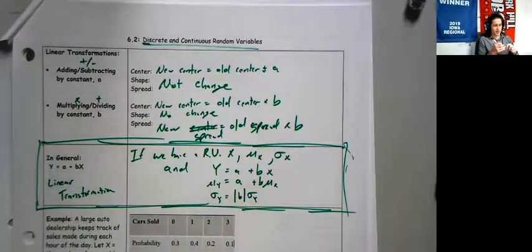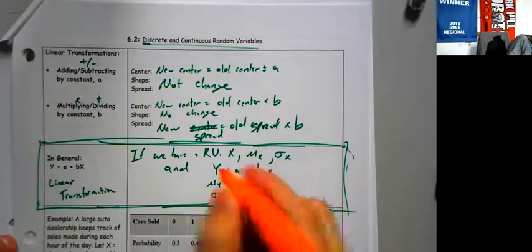So that's the very first thing that needs to end up in some sort of box, highlighted, because that is not on your formula sheet.